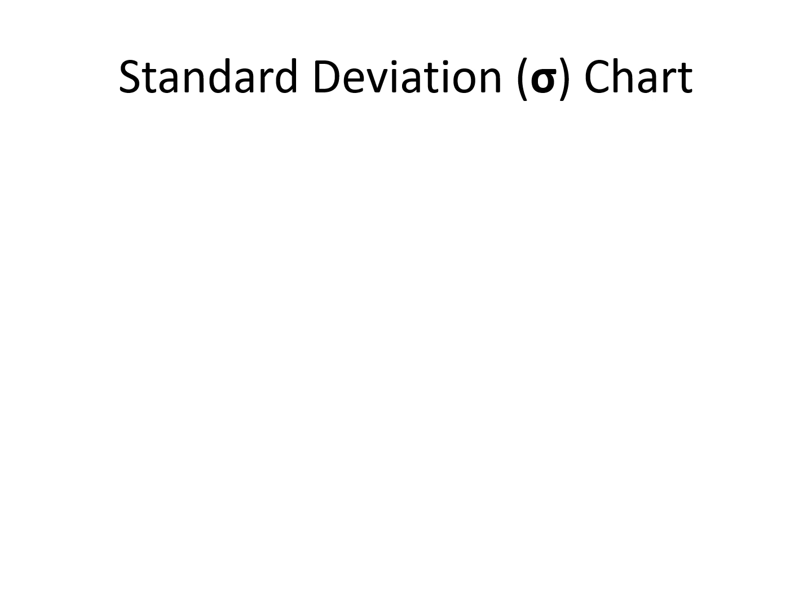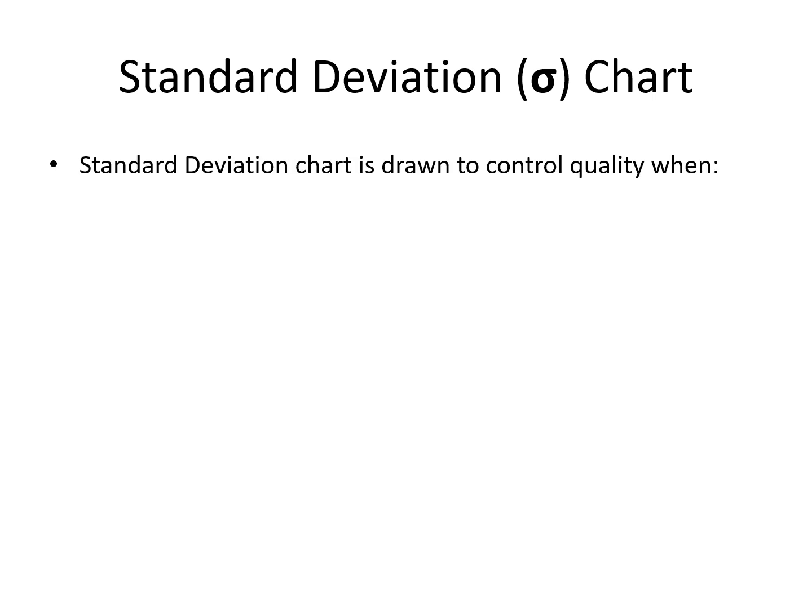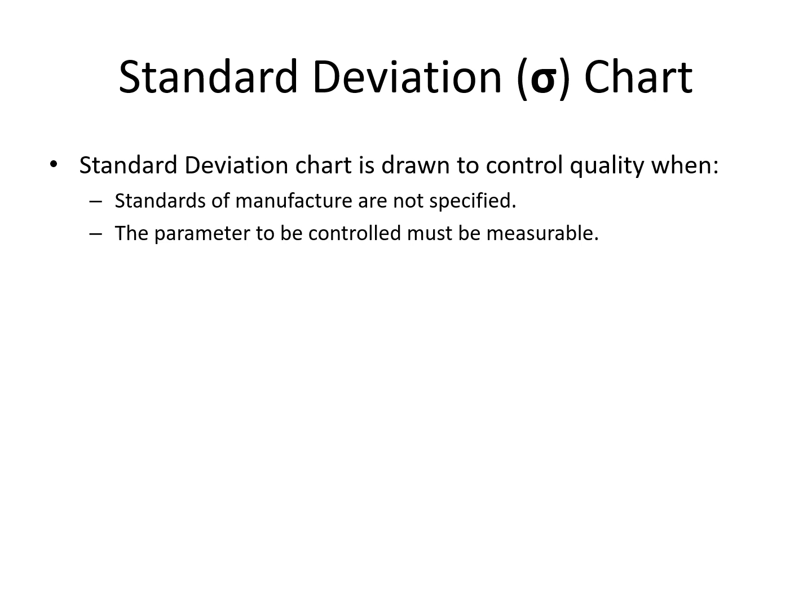The standard deviation chart or sigma chart is drawn to control the quality of a parameter which, though measurable, has a quantifiable dimension, yet the standards have not been set or specified.